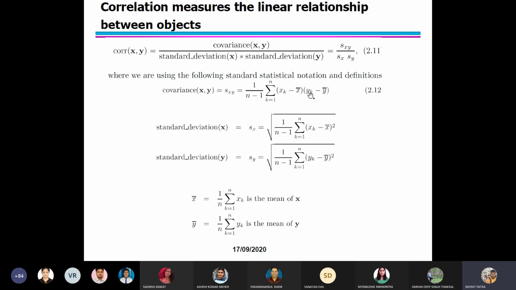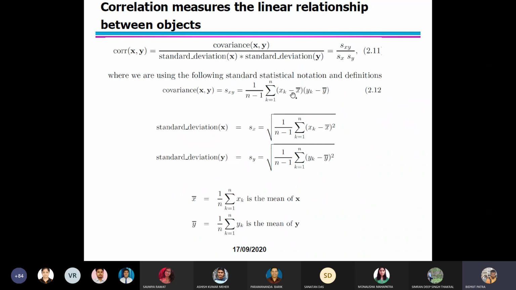And then you take the mean, as I said here, and multiply. And you do this for all attributes. Like in Euclidean distance, where we computed the square, here instead of the square, we find the multiplication of the two values, each subtracted from the mean of the values.